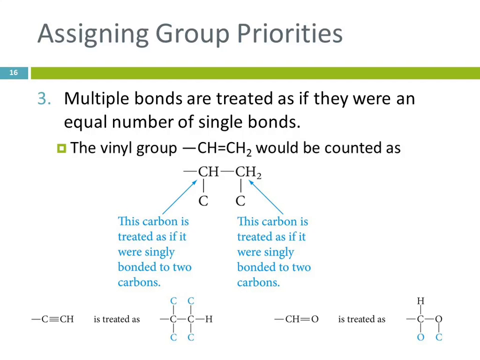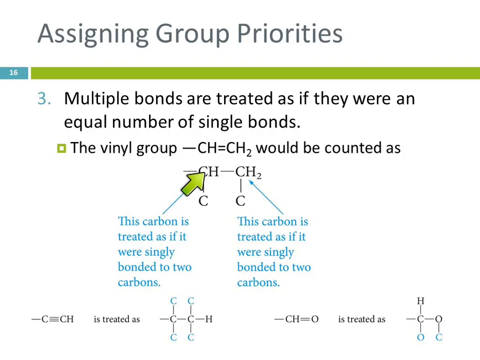If you encounter multiple bonds, you treat them as if they were an equal number of single bonds. So this vinyl group, if this was one of the groups we were looking at, and here we have it in a, this is how we would think of it. We would think of this double bond, that's a carbon to a carbon for one of those, and carbon to carbon for the other.